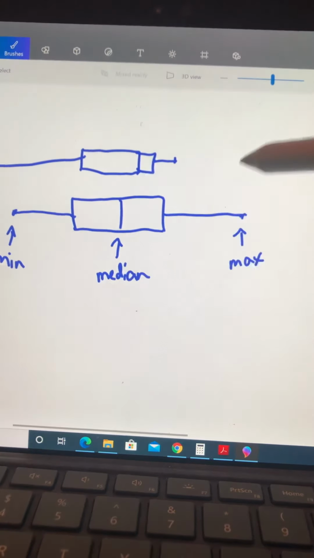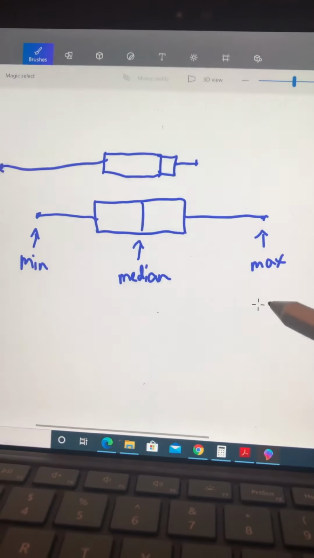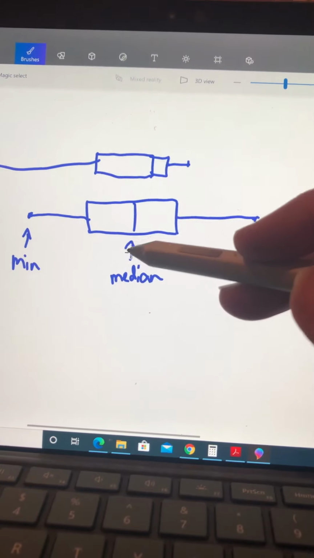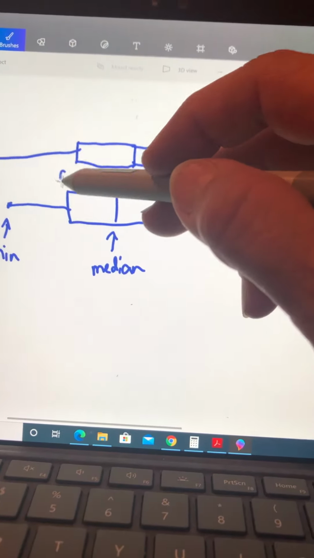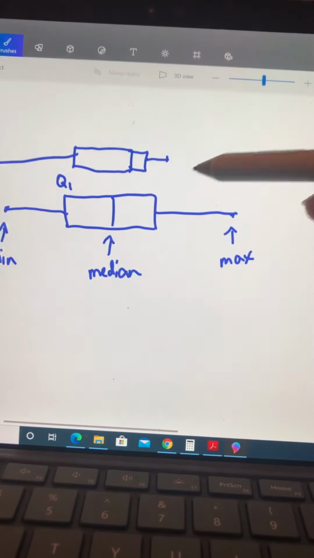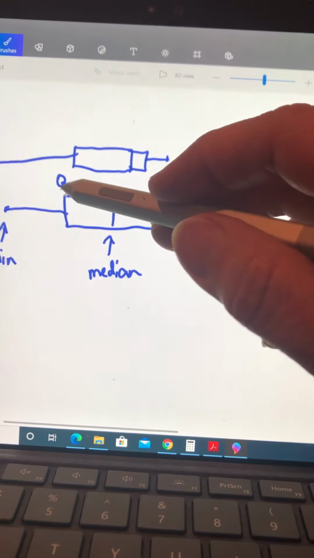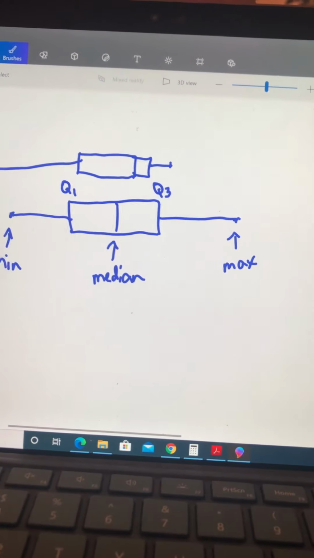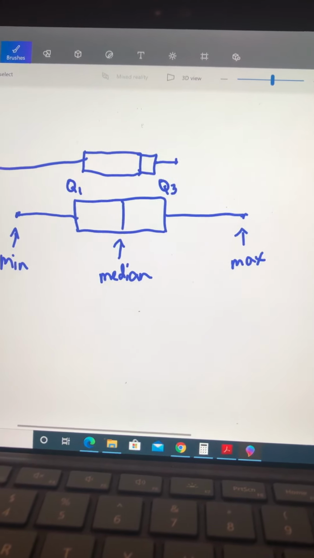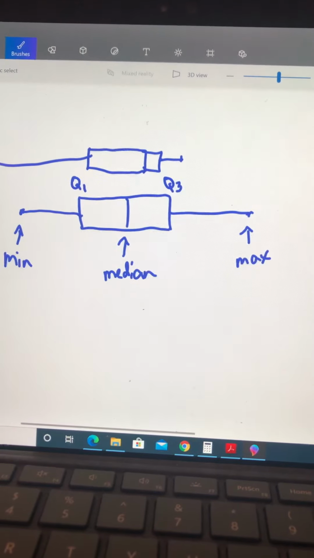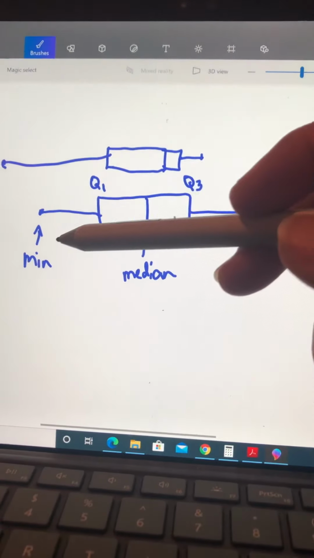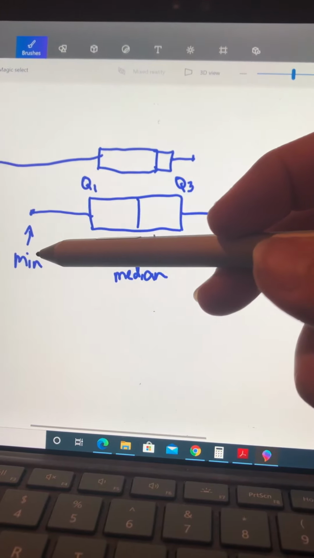And once again, these will always be above a number line so that you'll be able to tell what these numbers are. Then we have here Q1, which is your lower quartile, and then Q3, which is your upper quartile. When you're talking about the range of the whole data set, remember with range, we would do maximum and then subtract the minimum, right?